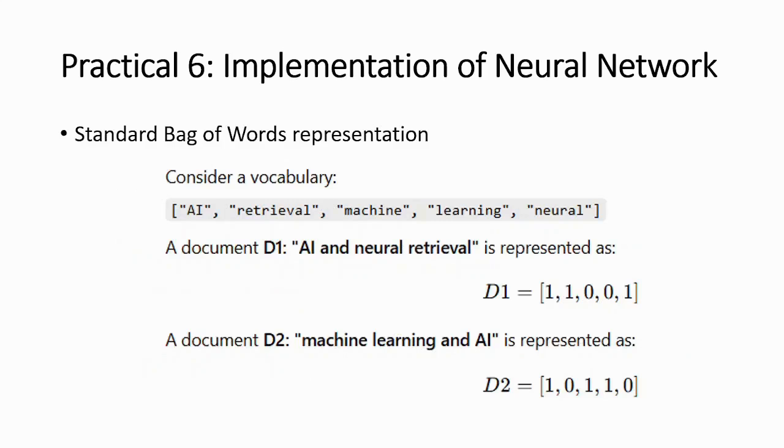With these benefits, we can compare the standard bag of words representation to a neural network model. In a standard bag of words representation, we have a set of vocabulary, and the documents related to this vocabulary are represented in the form of zeros and ones. This is a basic representation.